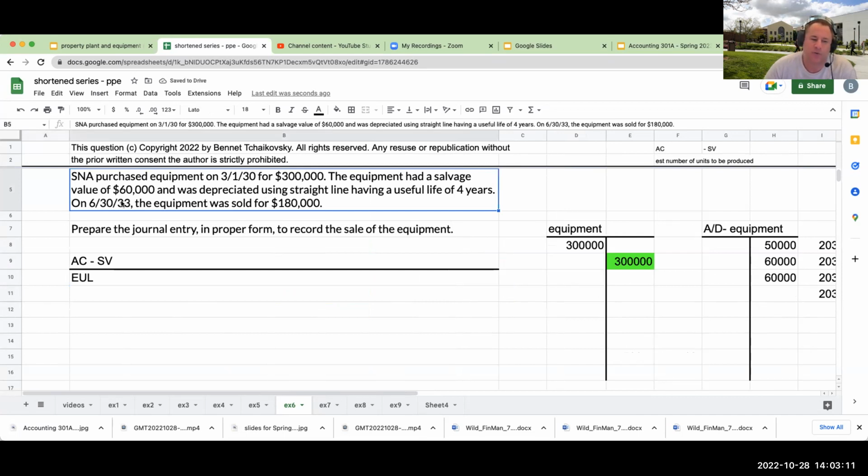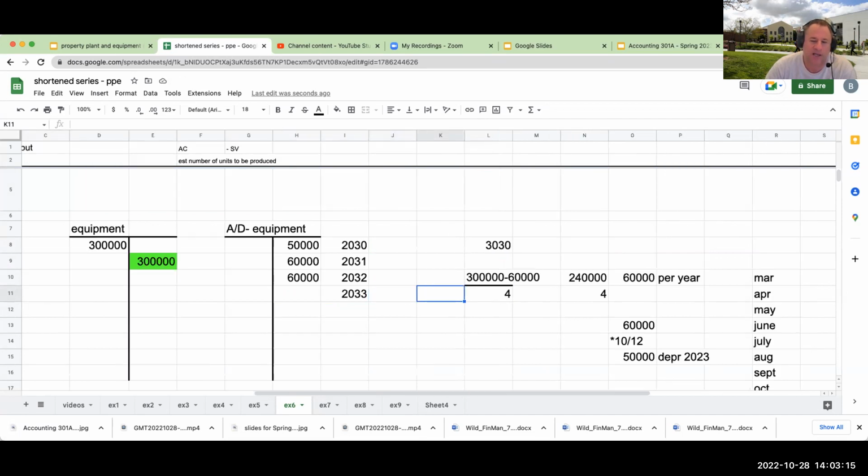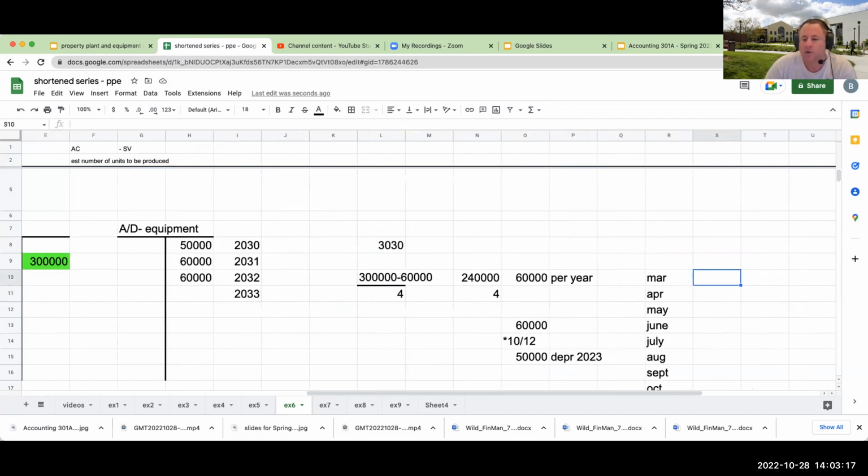Now, when we get to 2033, when we actually went through and sold the asset, we sold it on June 30th, right? So I've got to figure out how much depreciation I took in 2033. Well, in 2033, I would have done January, February, March, April, May, and June, right? So this over here was from 3/1 to 12/31. This is the full year.